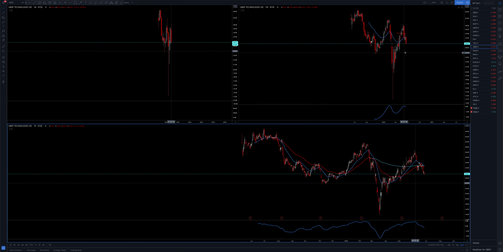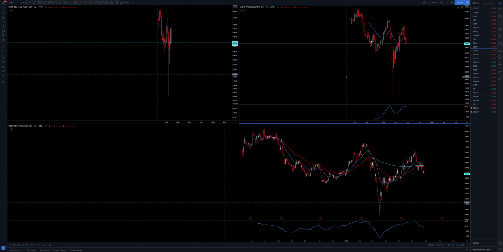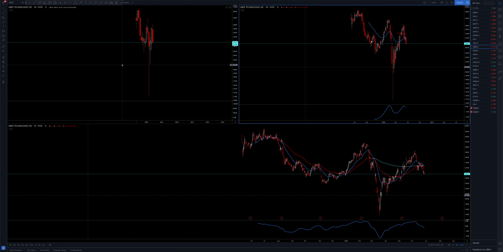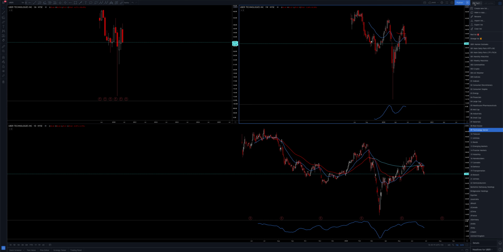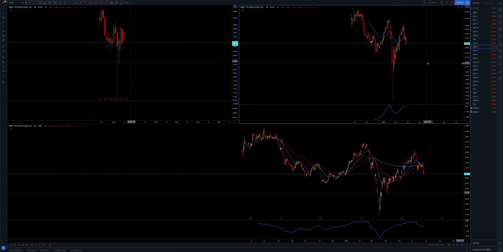Because of their weighting in the S&P index, their strength has basically held up the overall S&P. So that's not the best indication of where we are overall, because technology is the top 6 companies. Microsoft, Amazon, Apple, Google, Facebook, and what's the other one?